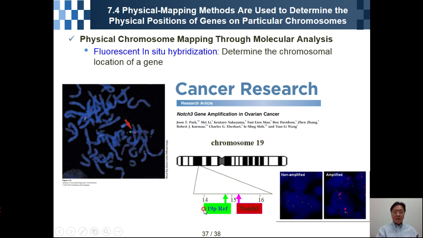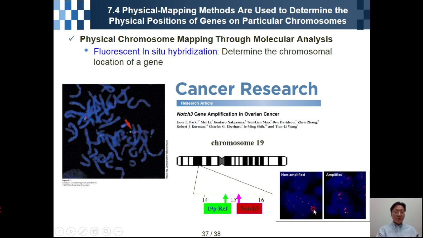I tagged chromosome 19 with the green color, and I also tagged the NOTCH3 gene with the red color. In the non-cancer region, we will see that the ratio between green and red is nearly similar. But in an ovarian cancer patient, we will see that the ratio between the green and the red is different.